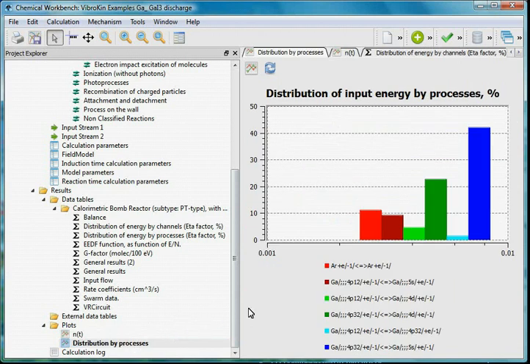Another figure demonstrates the distribution of input energy over various loss channels for the time point when steady state conditions were reached. Main loss channels for present glow discharge conditions are elastic scattering of electrons by argon atoms, excitation of gallium atoms to metastable state, and excitation of lower radiative states of atomic gallium.